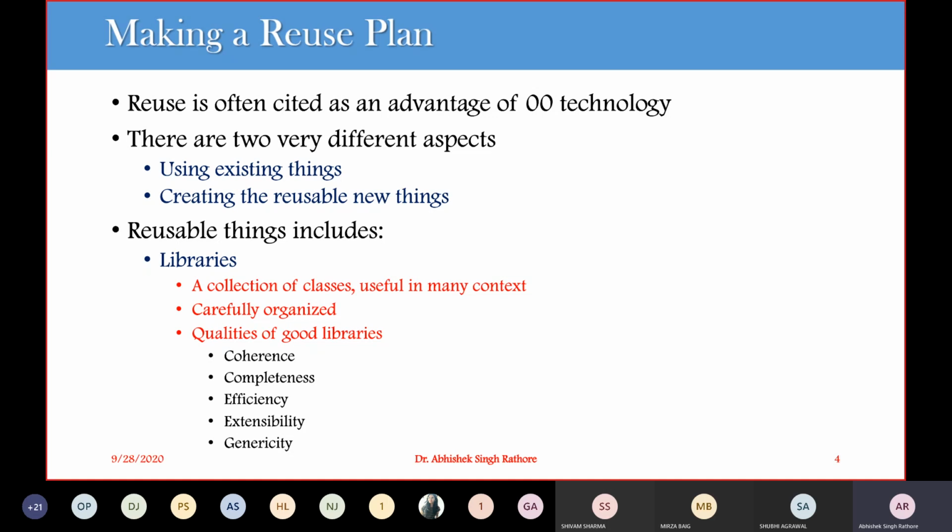You have to organize all these things very carefully, because lots of libraries are available, and when a user wants to use a library, he should be very comfortable while using it. So you must design some organized way for these libraries. So what is a good organization?